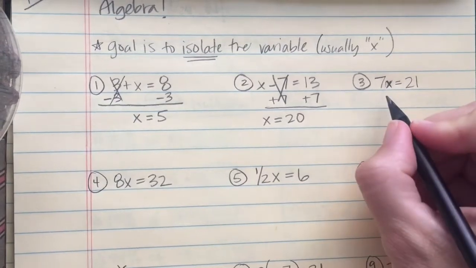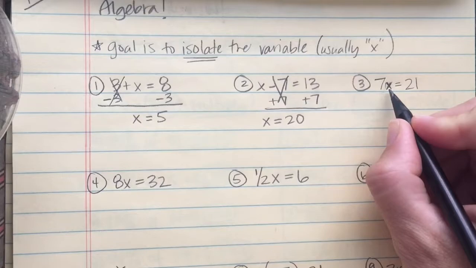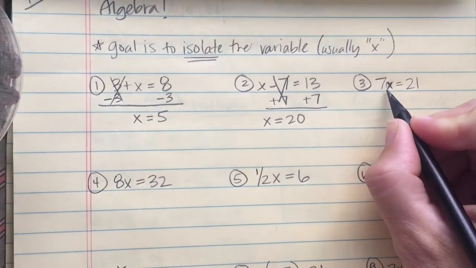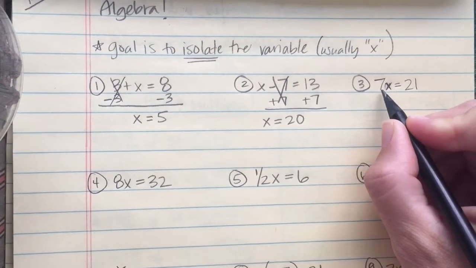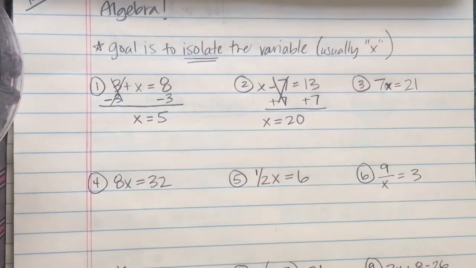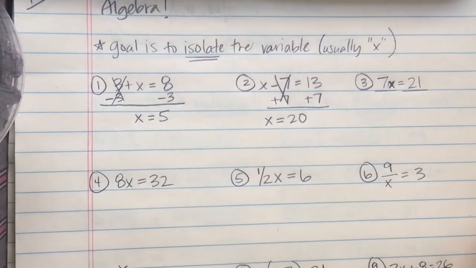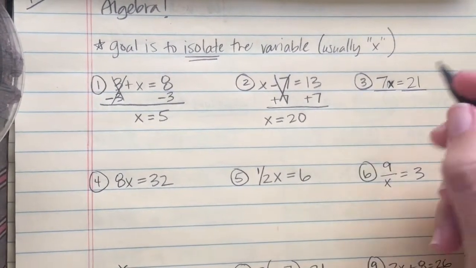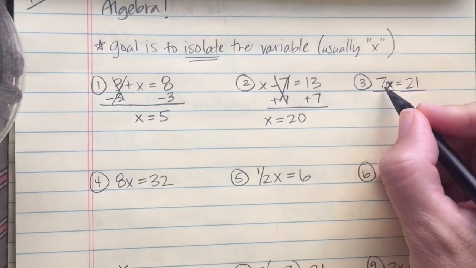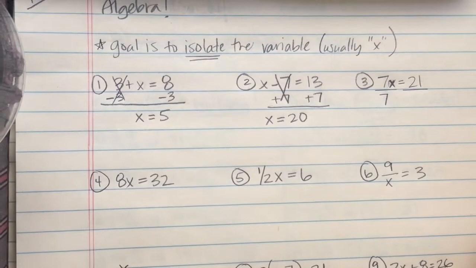Okay. For number 3, when you have a number and a variable next to each other, the operation that's happening there is multiplication. This 7 is being multiplied by x, okay? And in order to undo multiplication, we have to do the opposite of multiply, which is divide. So in order to get rid of this 7, I'm going to divide by 7, okay?